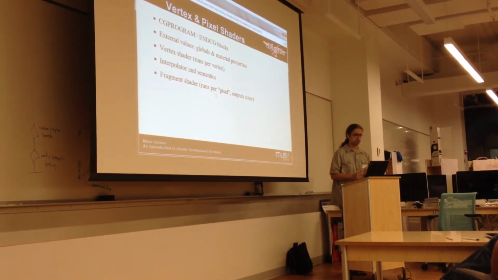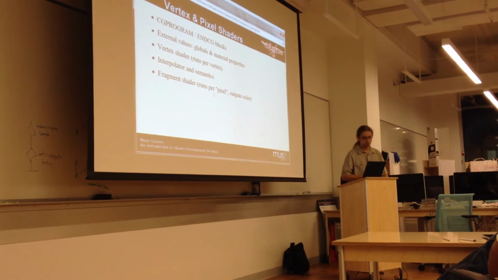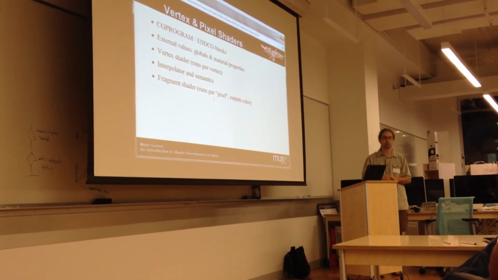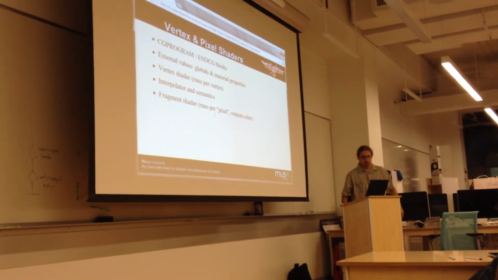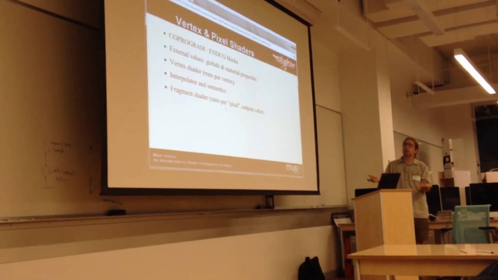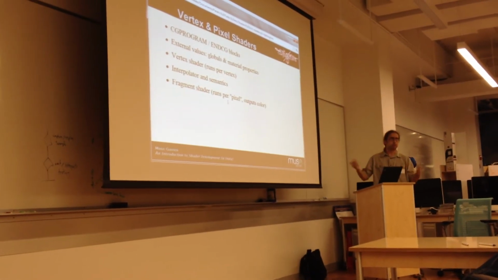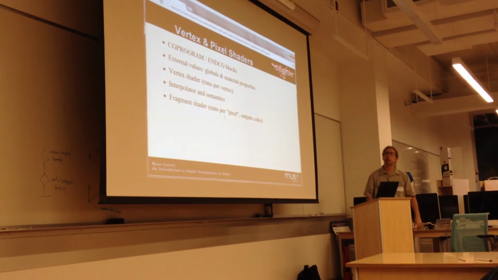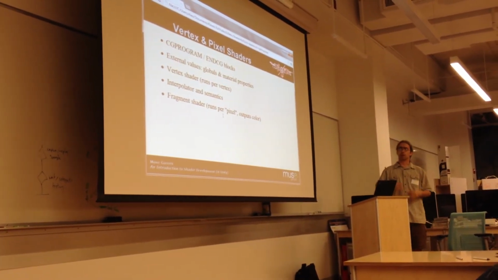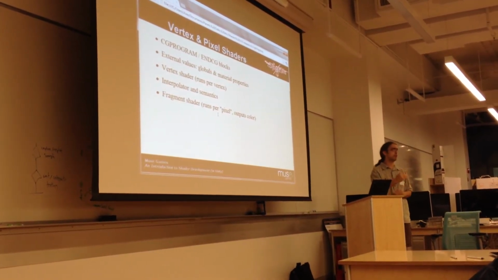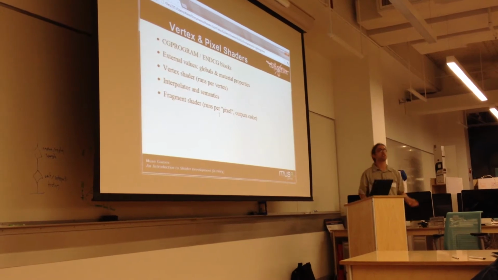But if we wanted to go straight to the low level, we deal with two things: vertex shaders and pixel shaders. We have our external values that are set for both of them, that are available to both of them. The vertex shader is then a little snippet of code that runs for each vertex in the mesh.